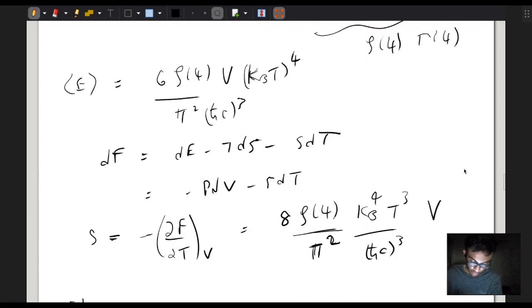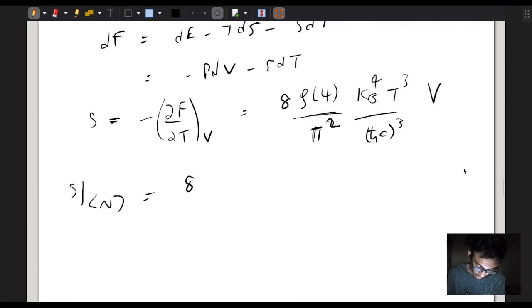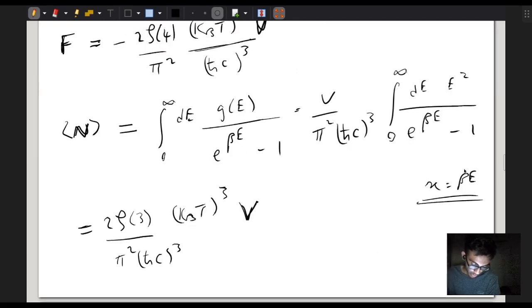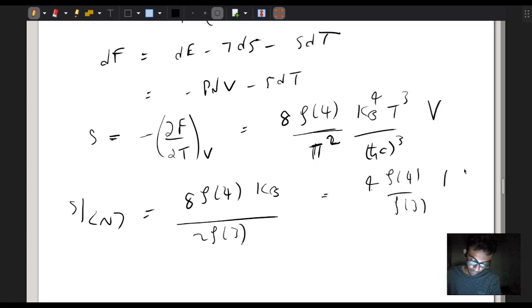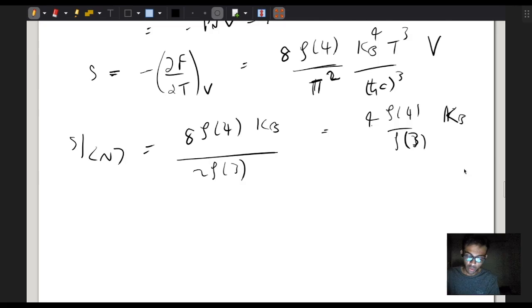Sorry, yeah, so this is 8, 4 times kB divided by 2 zeta of 3. Yeah, so it is 4 zeta of 4 by zeta of 3 times kB. Okay, so zeta of 4 is pi to the 4 by 90, like we discussed.